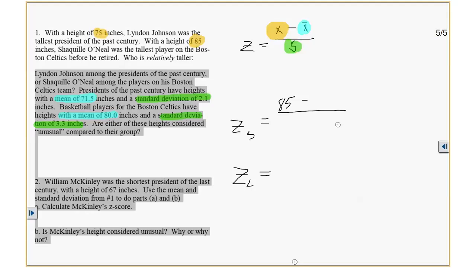Well, for Shaq, the mean for basketball players is 80, and the standard deviation is 3.3. What is LBJ's X? He's 75. Minus what's his mean? 71.5. And his standard deviation is 2.1. Usually these scores are to the hundredths.